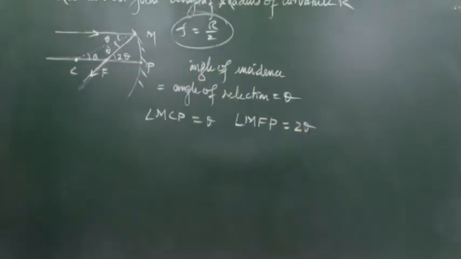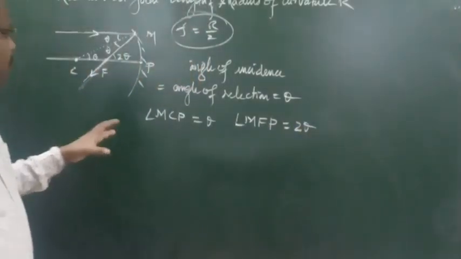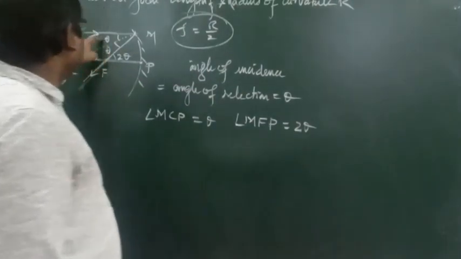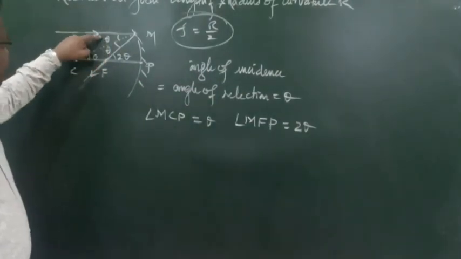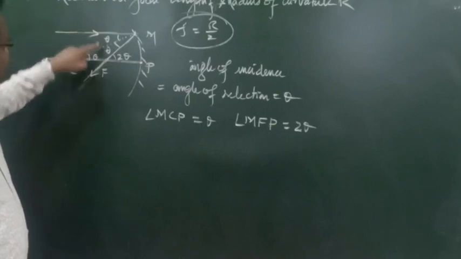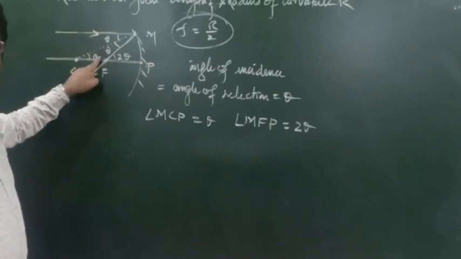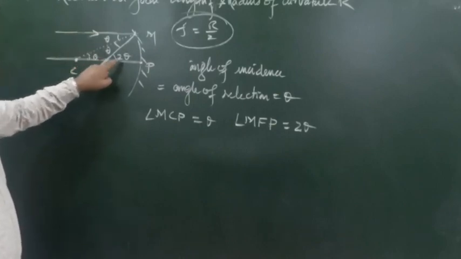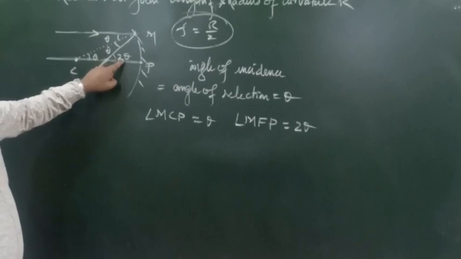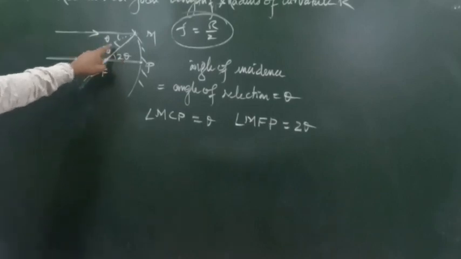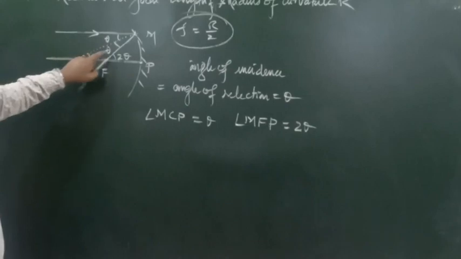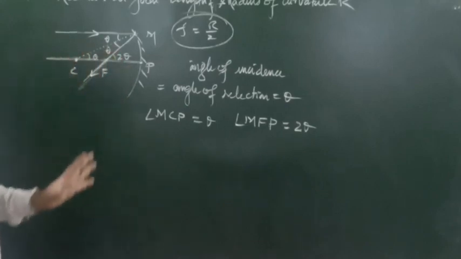Here the angles theta and theta are equal because the angle of incidence equals the angle of reflection. This is theta, so this will also be theta by alternate angles, and this exterior angle will be the sum of the opposite interior angles, so theta plus theta equals 2 theta.